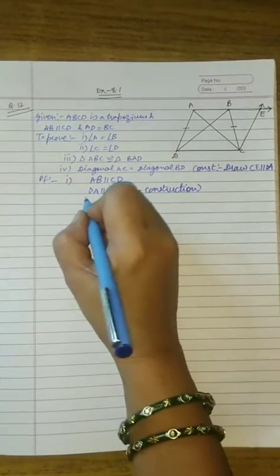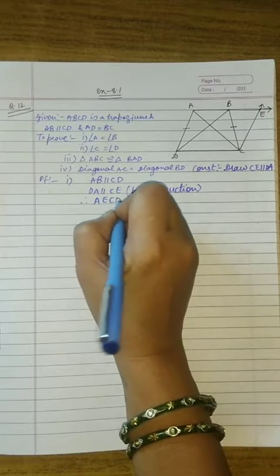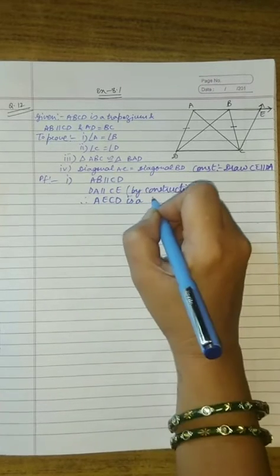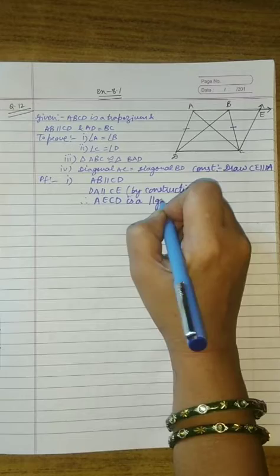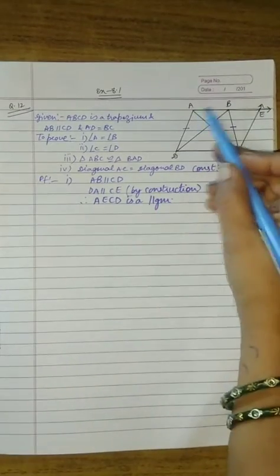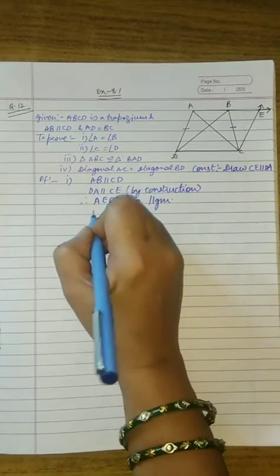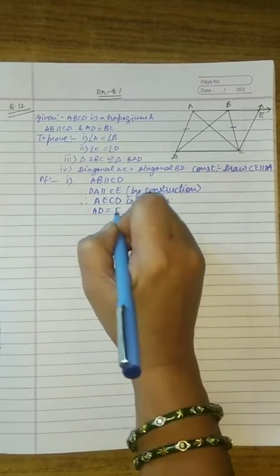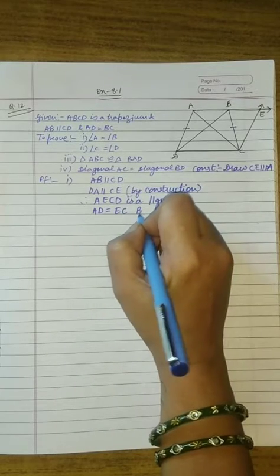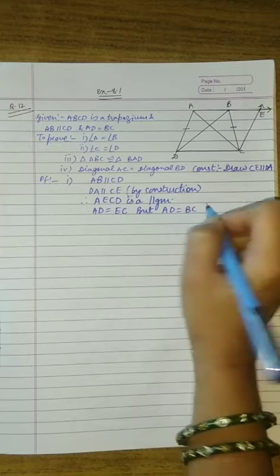So therefore AECD is a parallelogram. Now if AECD is a parallelogram, then AD is equal to EC, but we are given AD is equal to BC.